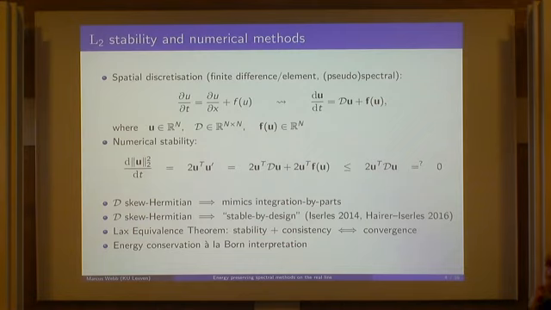And the Lax equivalence theorem says that stability and consistency is equivalent to convergence, so stability should not be an afterthought. It's essential. And this Born interpretation of quantum mechanics says, yeah, it's important for energy conservation if you want your numerical solutions to have probability distributions.